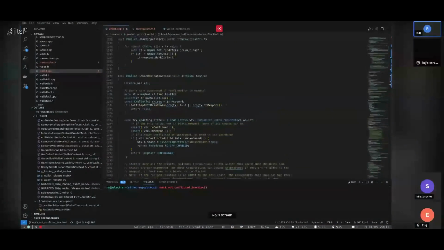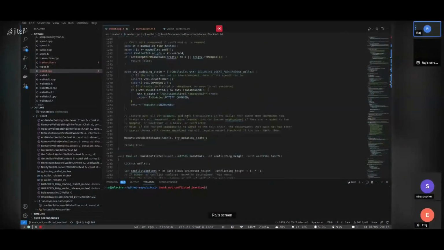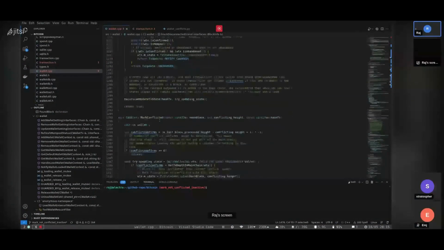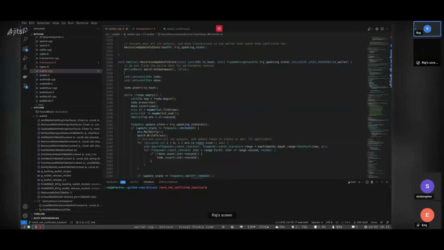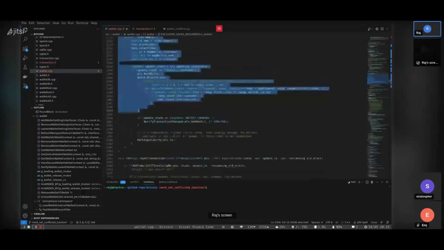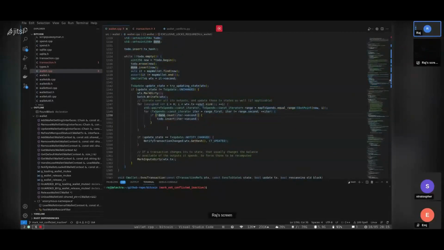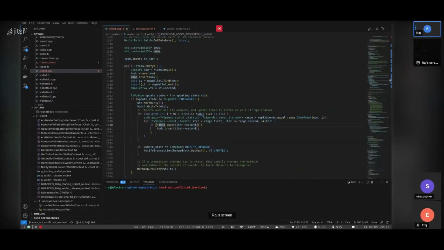Previously, abandon transaction used to have this method inside it. What this does is, for a given transaction, it recursively checks all the spends of that transaction. So if the parent of that transaction got conflicted, all the child transactions will also get conflicted.